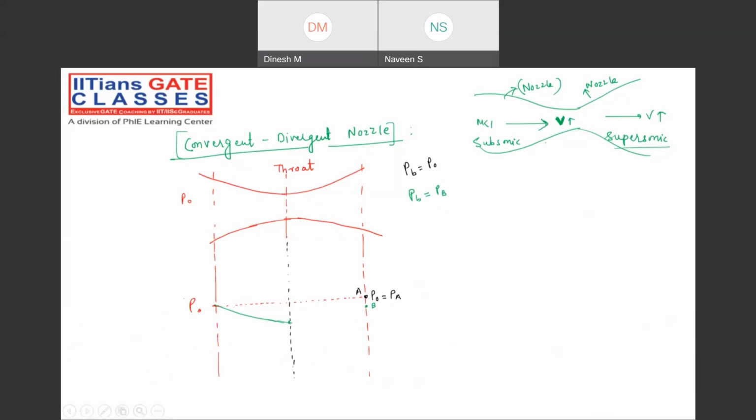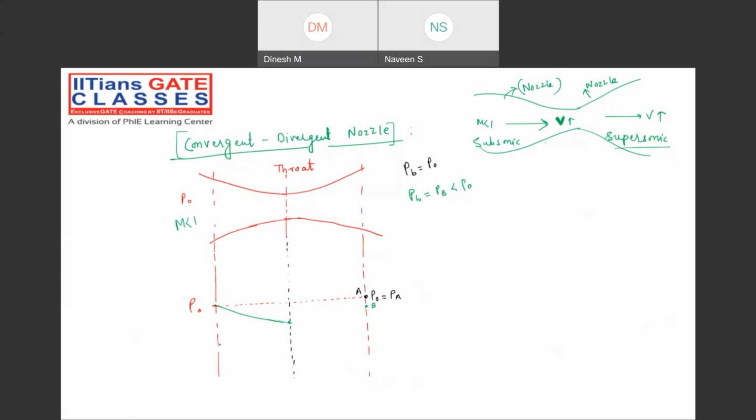Now you are maintaining PB, which is lesser than P naught. Now tell me, will flow happen? Flow will happen. You have reduced the pressure below the inlet pressure, so a driving force has been created and the flow will happen.